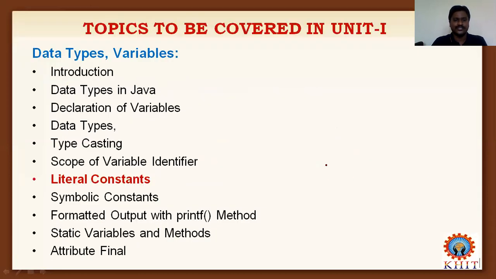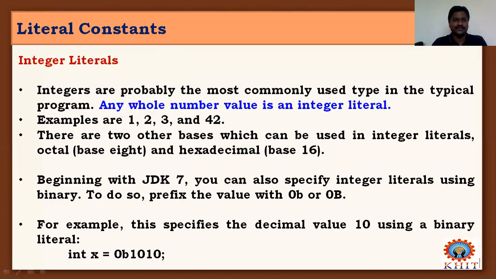Coming to literal constants. We know that constants are nothing but the values that are assigned to variables of different types. See them one by one. Integral literals means the values that we assign to integer variables, for example 1, 2, 3; you can assign any such values to an integer. But there is something different in integral literals that started with JDK7.